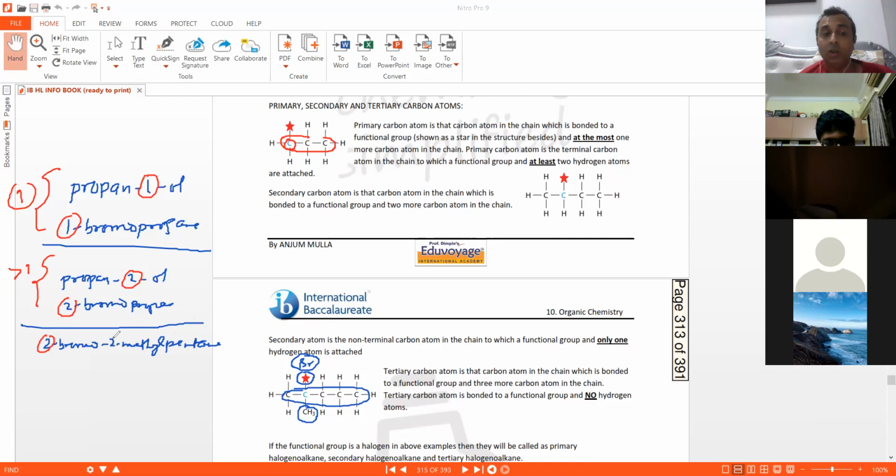The same non-1 number should come 2 times. If suppose this is OH, then the name will become 2 methyl pentane 2-ol. So again 2 methyl and pentane 2-ol, so again the number 2 comes twice.